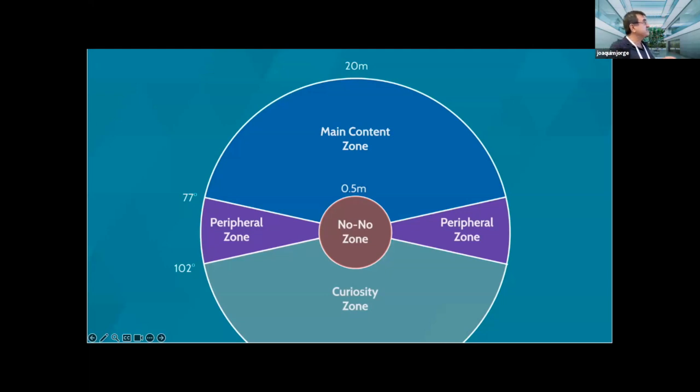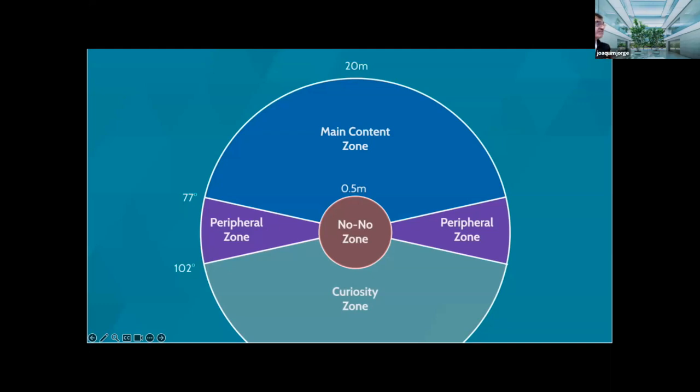The main content zone has to do with our vision characteristics. Notice that even 20 meters can be a lot because our stereo vision does not work very well for faraway objects. If you want to exploit our depth of vision, you should keep the content in this area and not too far away from the user.